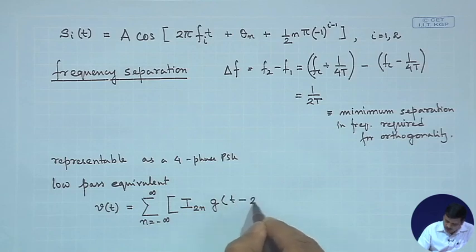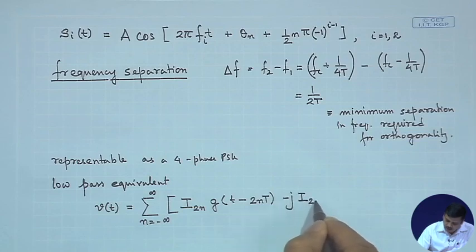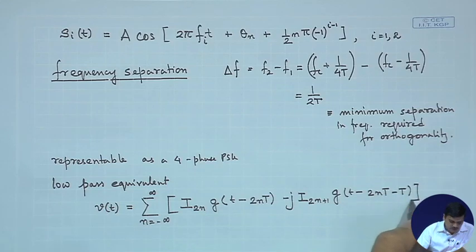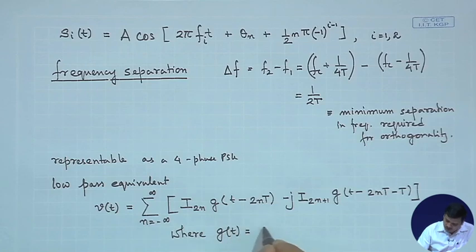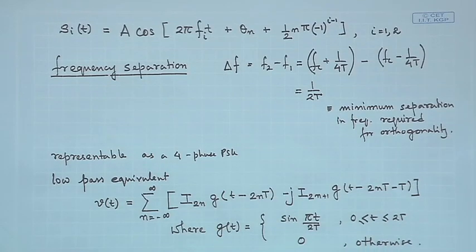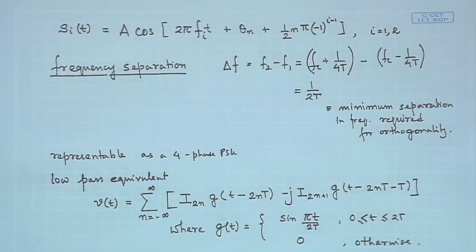G of t minus 2nT minus j I_2n+1 g of t minus 2nT minus T, where g(t) is equal to sine of pi t upon 2T for t in the interval 0 to T, and it is 0 otherwise. So, this is the typical expression, you could write it in this form.